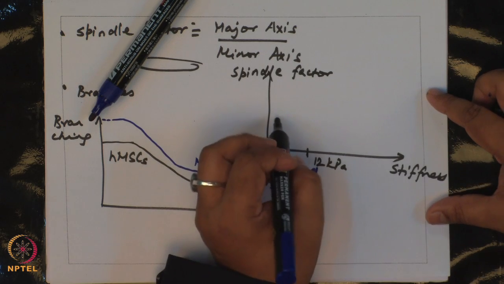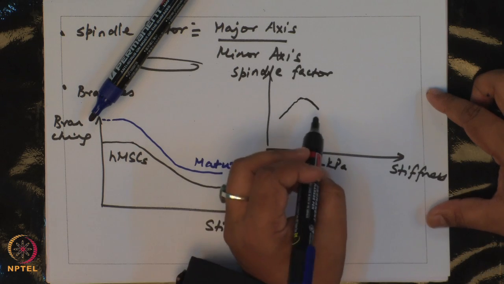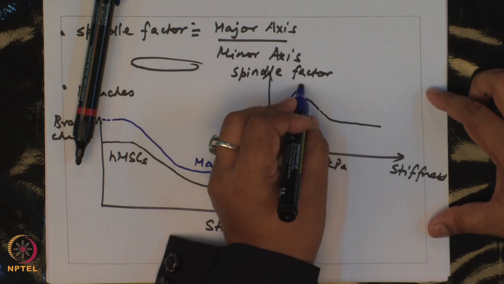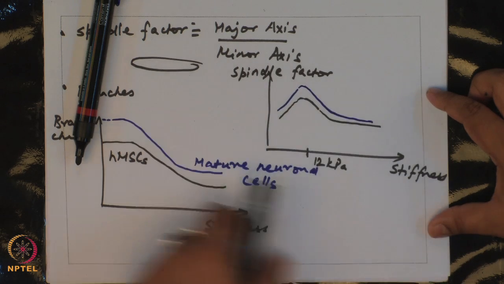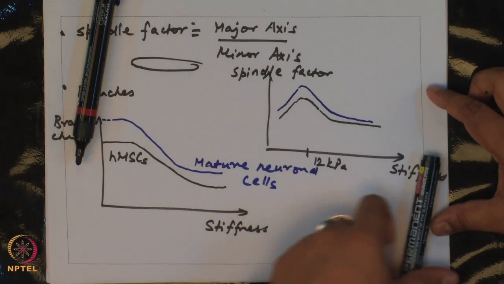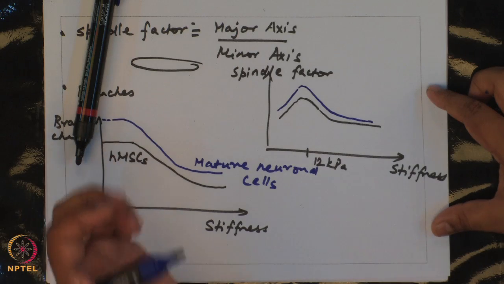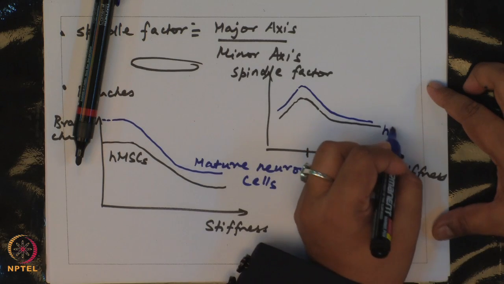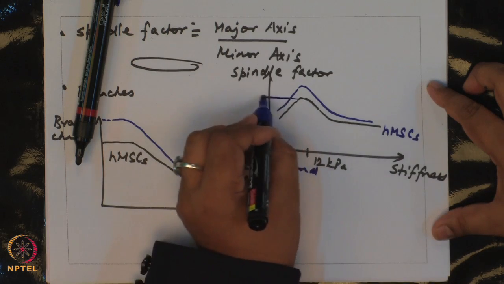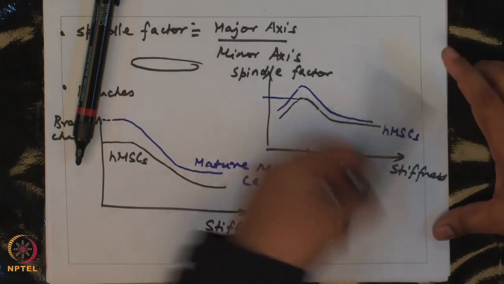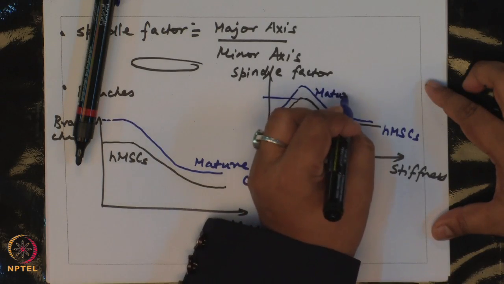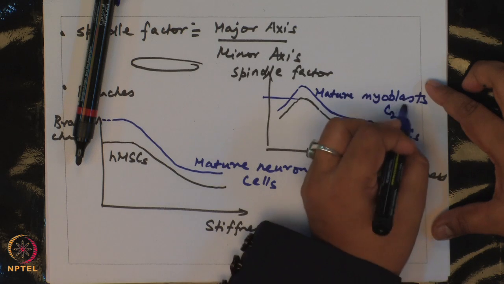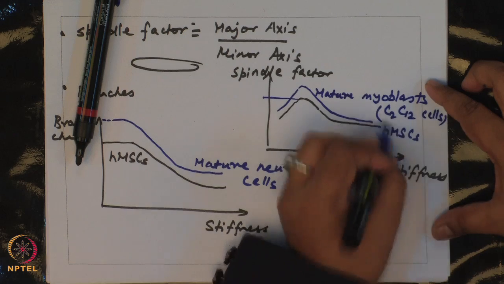What they found was similar to the maximum branching on the softest surfaces: on these intermediate stiffness surfaces, HMSCs exhibited the maximum spindle factor, and this was similar to that of mature muscle cells, mature myoblasts, which are C2C12 cells.